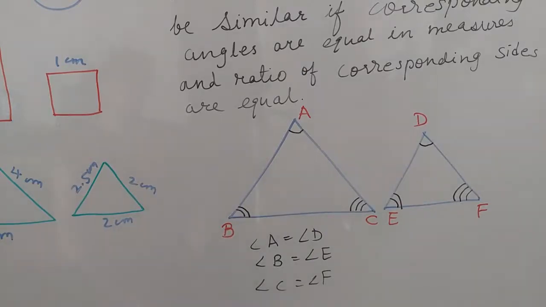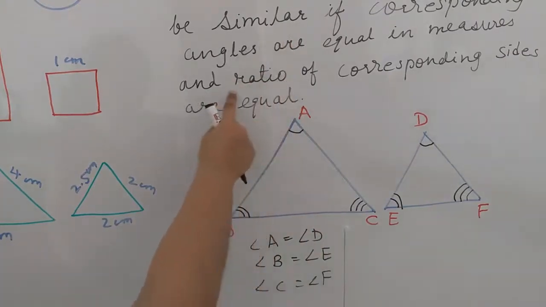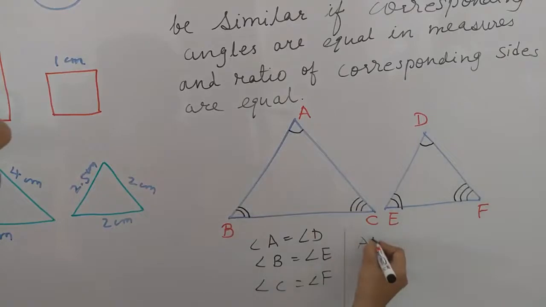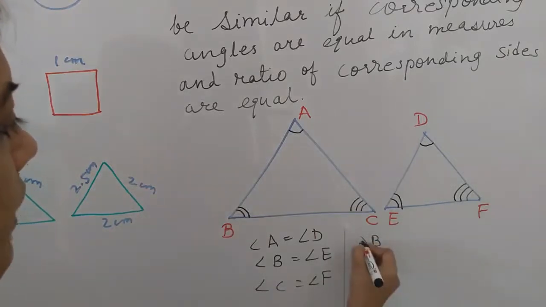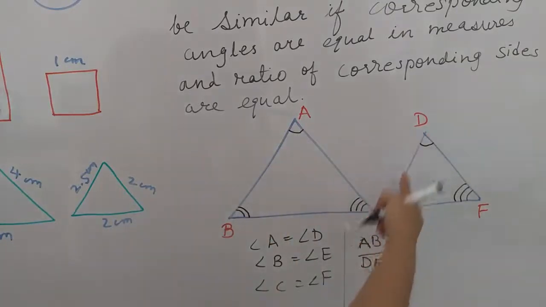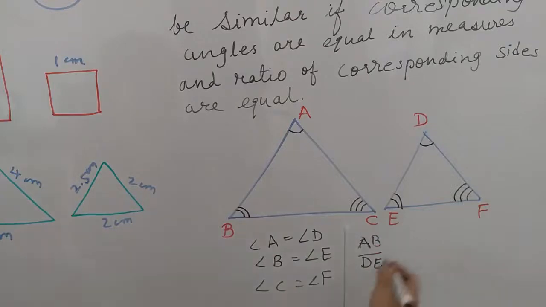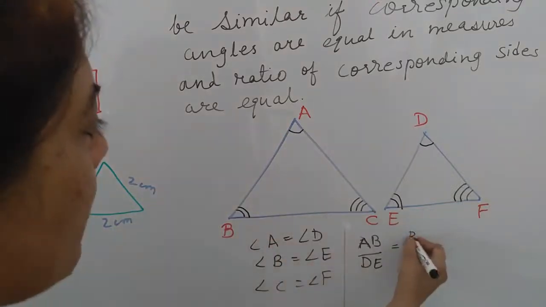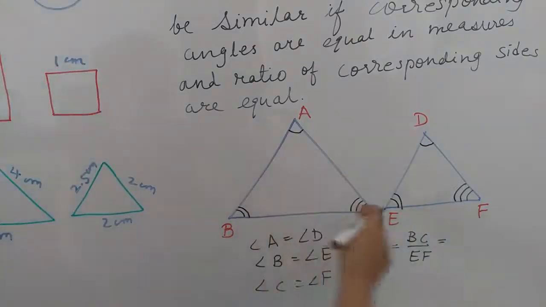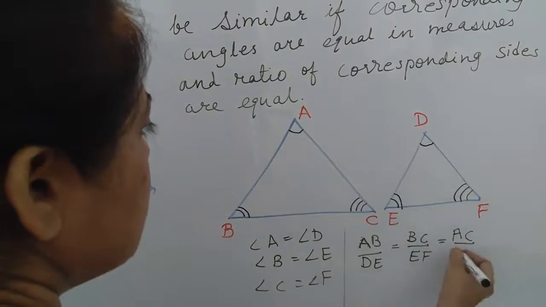But this way, if we take corresponding angles equal, and another condition, it is written that the ratio of corresponding sides are equal. What does it mean? Let's suppose the ratio AB to DE. If I have taken first the ABC triangle side AB, then in the smaller triangle it is DE. Then BC's corresponding side is EF and AC's corresponding side is DF.